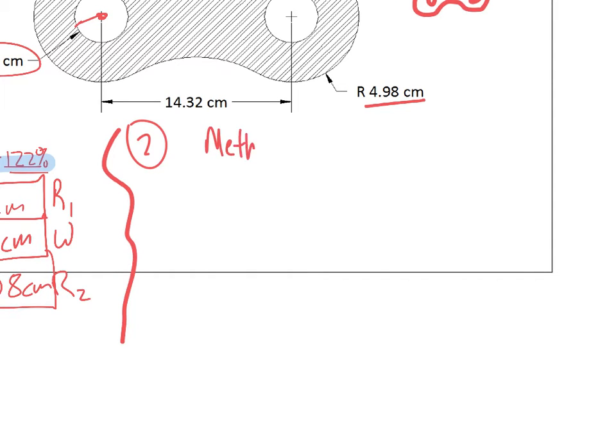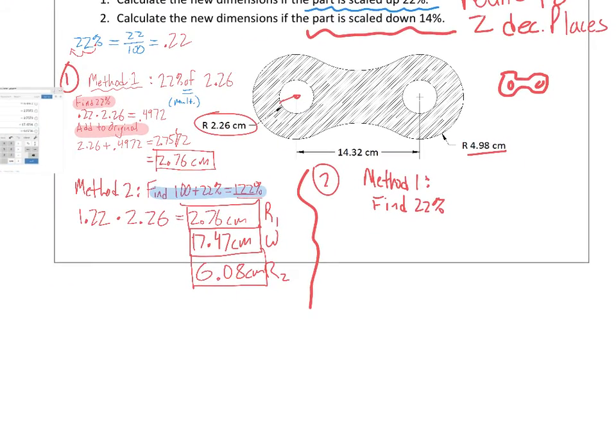Method 1. So method 1, we could find 22%, and then we'll subtract that, okay? So find 22% and then subtract. Well, 22%, we already know of that radius. We did it over here. 22% times 2.26.